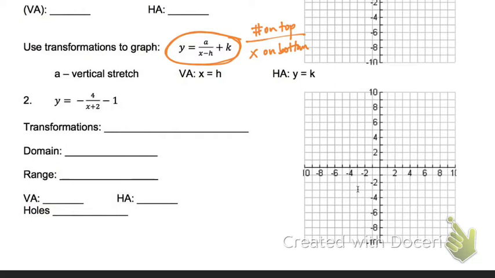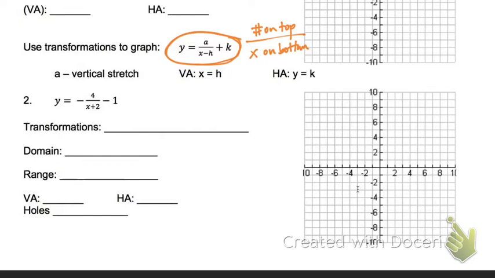So the rules are different for number on top, x on bottom, than they are for when we look at the second kind, when you have an x on top and an x on bottom. So you'll use transformations to graph this kind of graph, and then there are separate rules that we'll learn here in a minute. So the transformations are the same as what we've been doing.